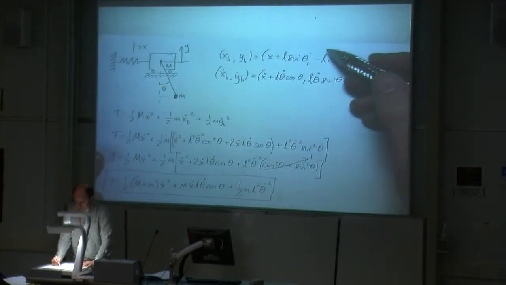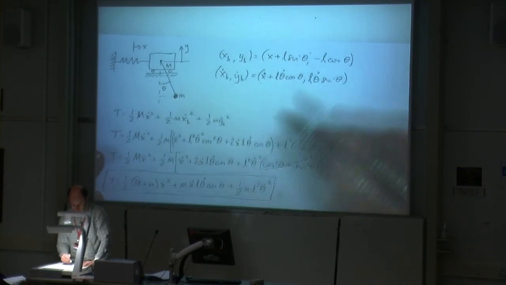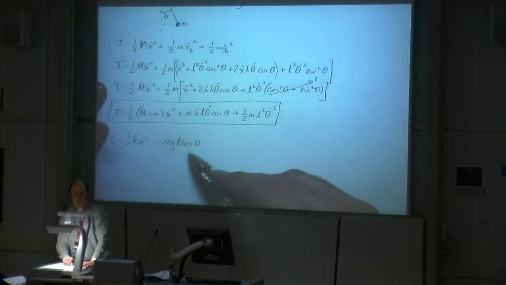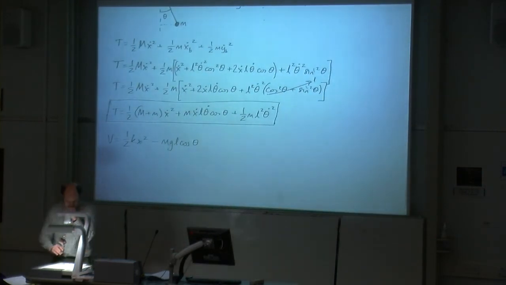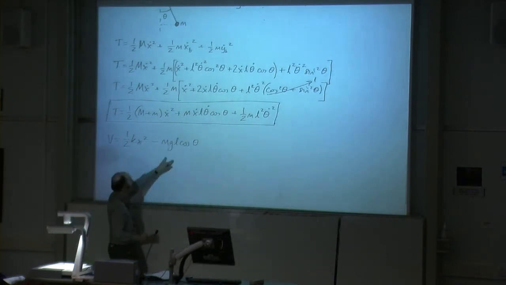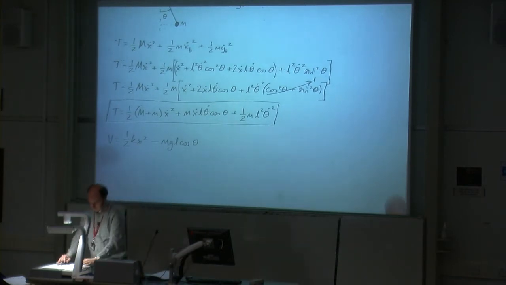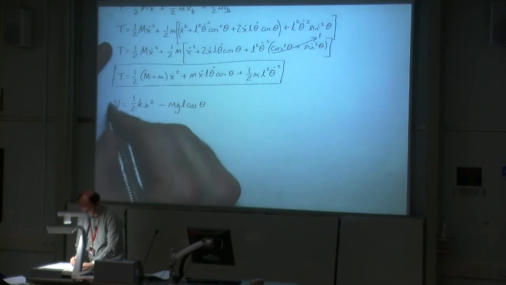So here's our y position, and obviously mgh is gravitational potential energy. And so mg times this gives us minus mgL cosine theta. So it's the potential energy related to the spring and the potential energy related to the gravity in the pendulum. There's our V.